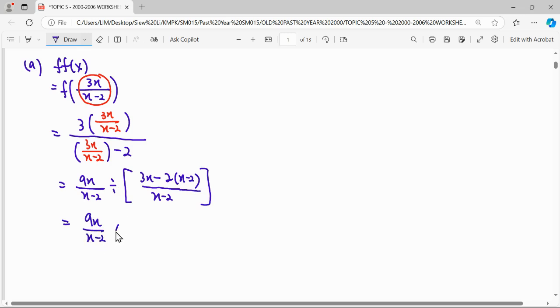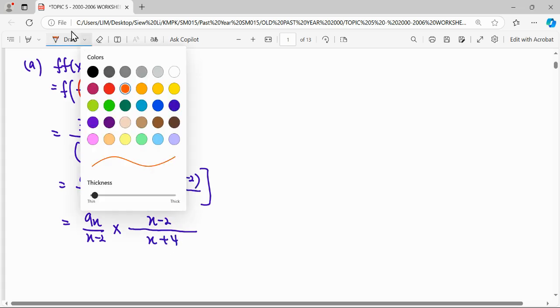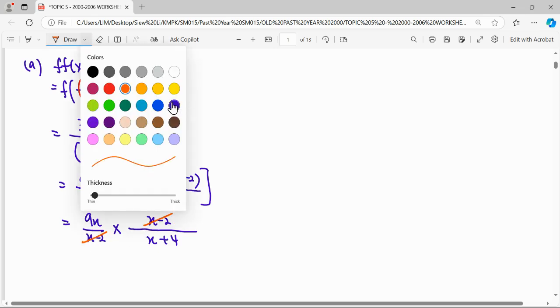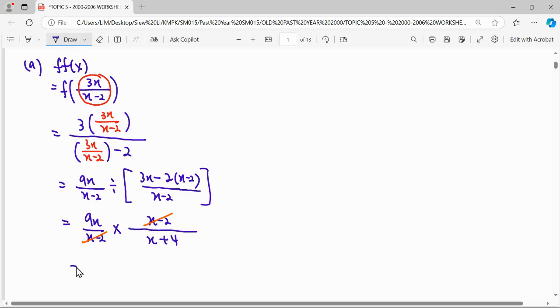And division, we make it multiplication, so inverse this function. Here we have 3 minus 2x, which is x. Then negative, negative is positive, and we can notice here that x minus 2 can be simplified. Therefore, our answer will be 9x over x plus 4.